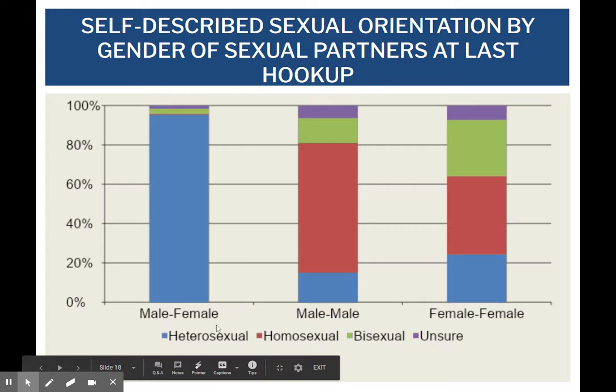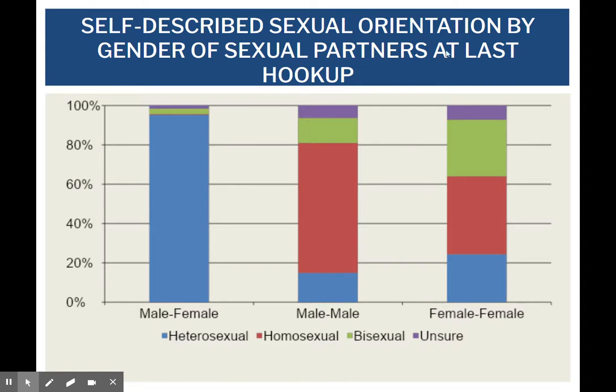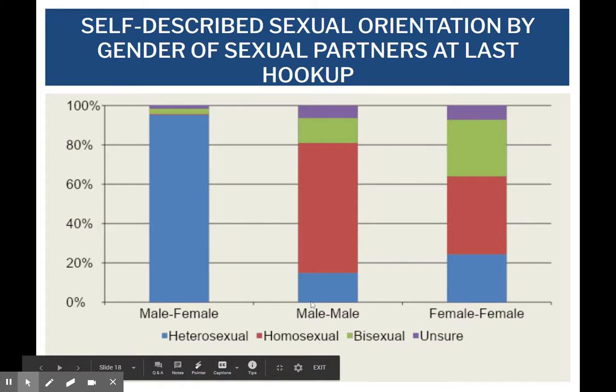The answer is either male and female, male and male, or female and female. Granted, this is binary, and that's another issue. But going with this gender binary that they have for us here, we're looking at the gender of the sexual partners at your last hookup, as well as your sexual orientation.